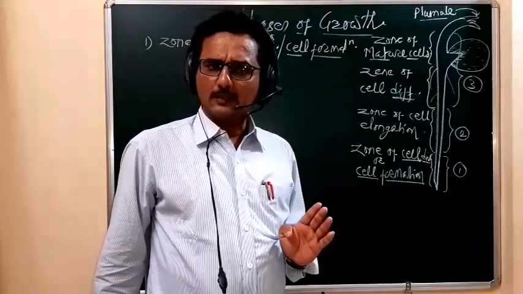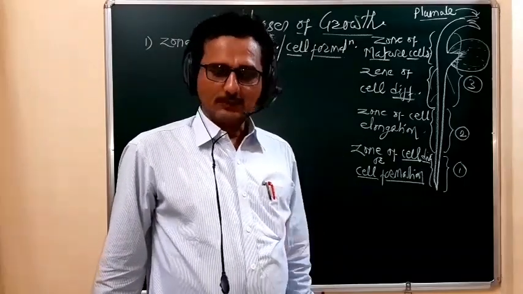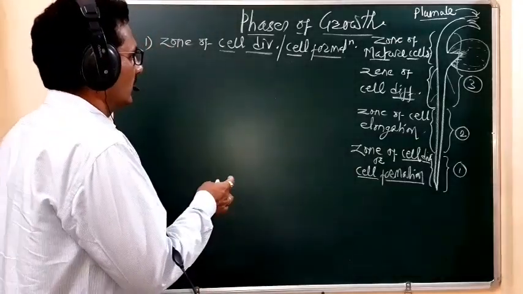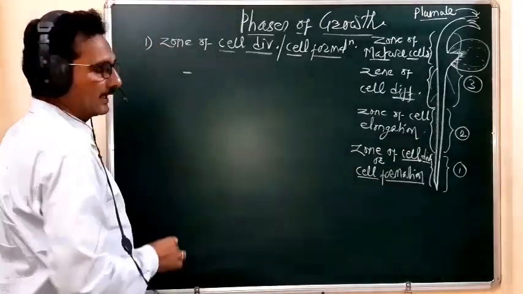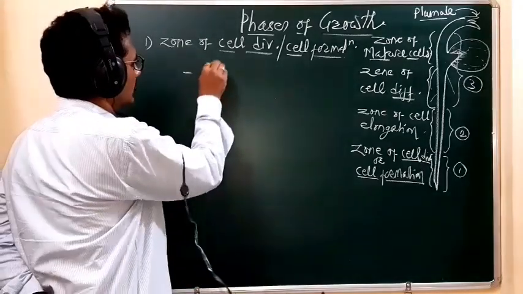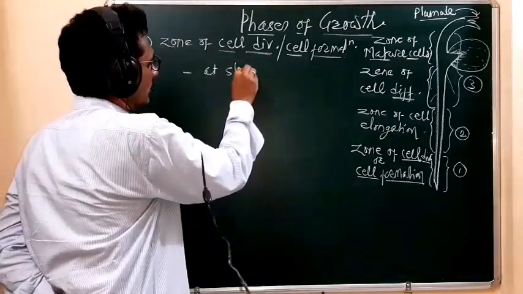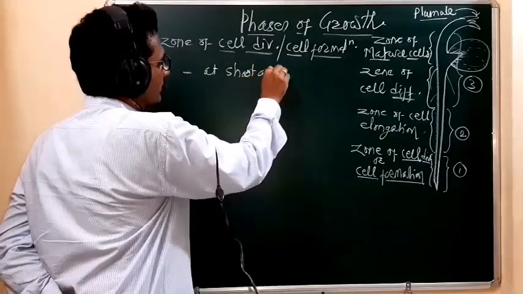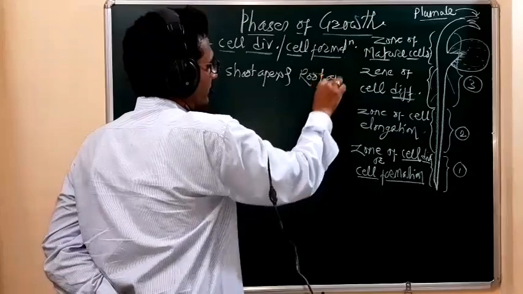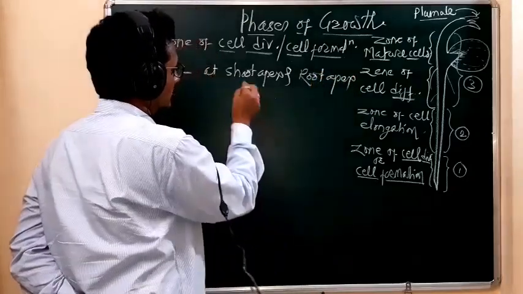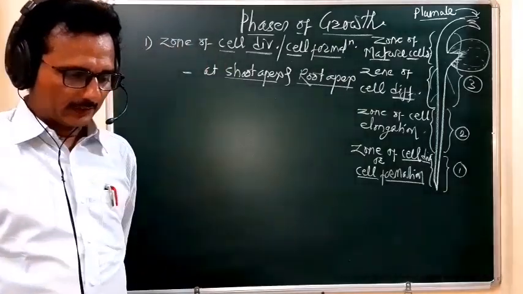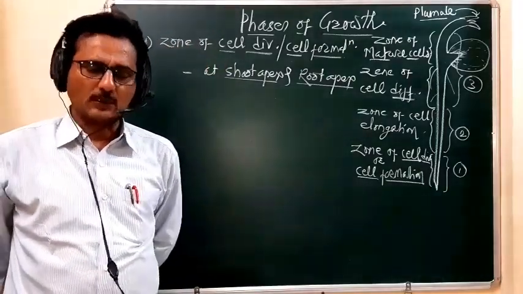For our understanding, the zone of cell division or cell formation is seen more clearly at the shoot apex and at the root apex. So remember this.